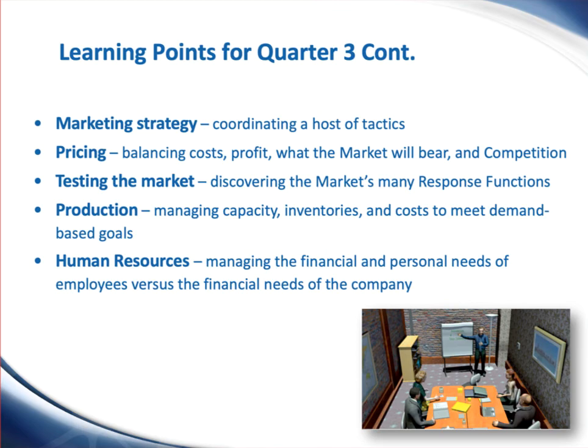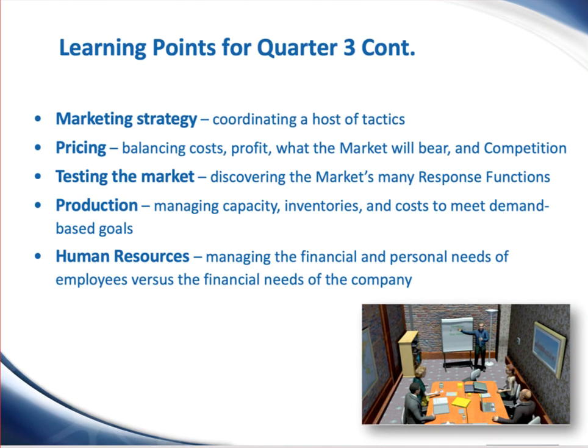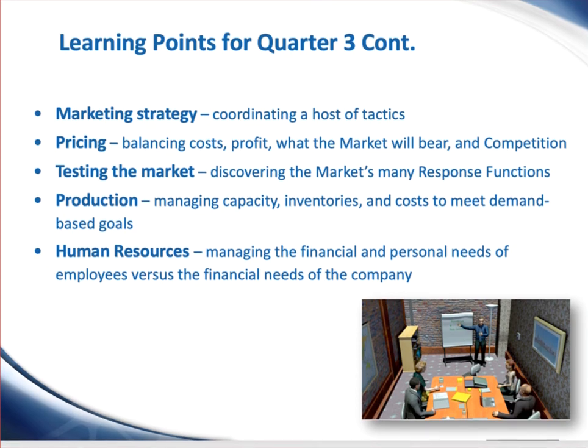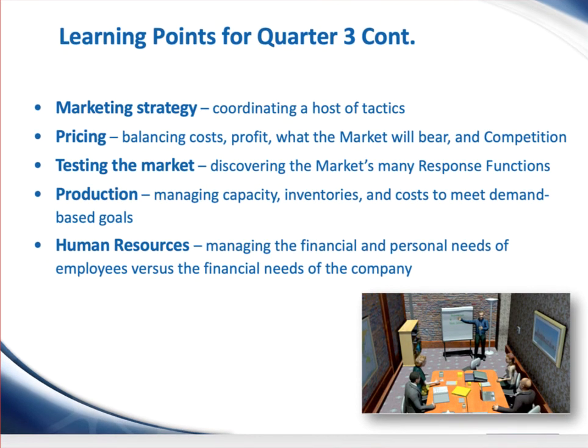Production. Try to learn how to manage capacity, inventories and costs to meet demand-based goals. And human resources. Try to manage the financial and personal needs of your employees and make sure that you have a bottom line understanding of what that means for your firm.